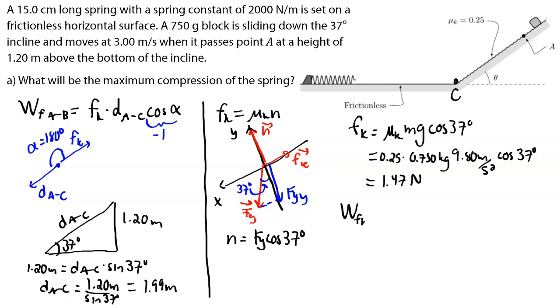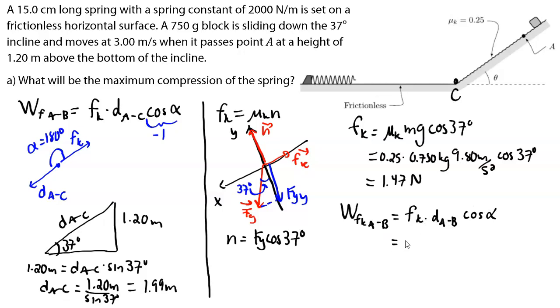Finally, last step, we want to find the work done by friction. So we have the work done by friction between point A and B will be equal to the force due to friction times the distance between A and B, which actually is the distance between A and C, because the horizontal surface is frictionless, times the cosine of alpha.